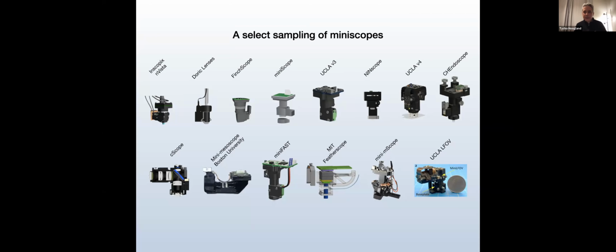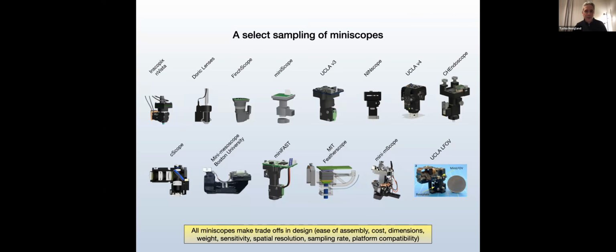And so there's a lot of these different miniscopes, and they're all sort of tailored towards specific scientific problems, but all of them have to make trade-offs in their design, be it, for example, the ease of assembly, the cost, dimensions, weight, sensitivity, spatial resolution, sampling rate, and also platform compatibility.